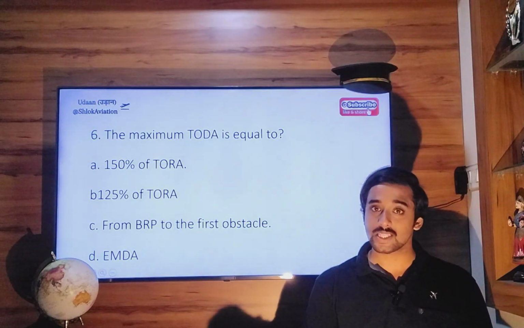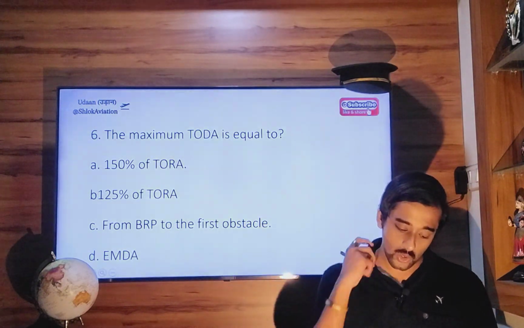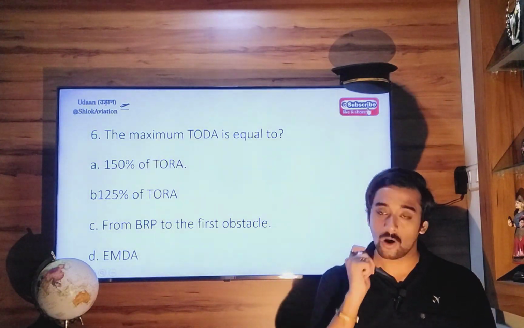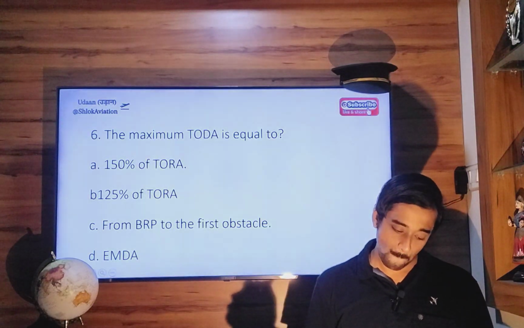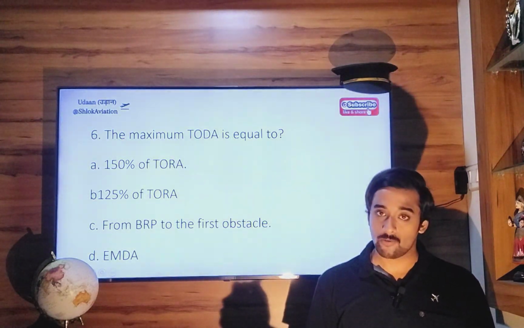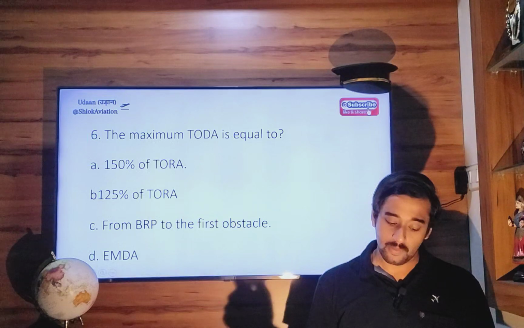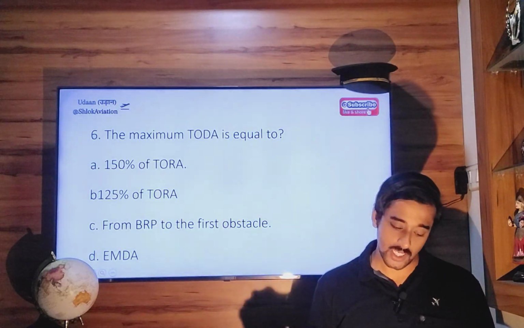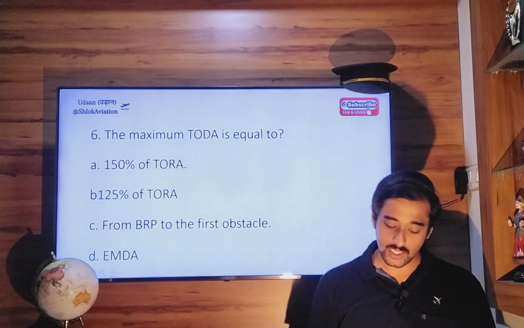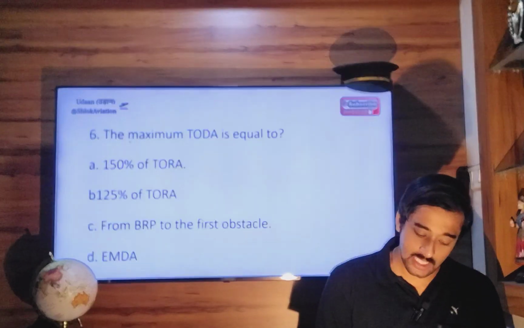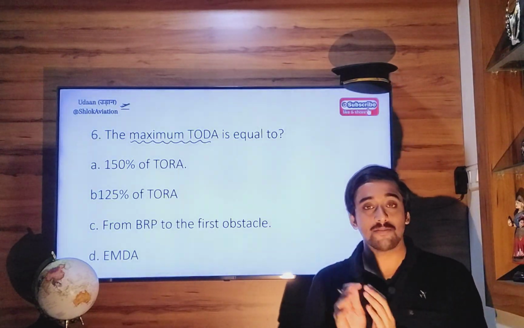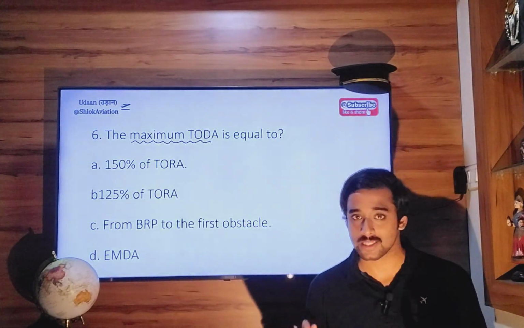Maximum takeoff distance available is equal to 150% of takeoff run available, 125% of takeoff run available from brake release point to the first obstacle, emergency distance available. So they are talking about maximum takeoff distance available, the maximum limit which is going to remain fixed.